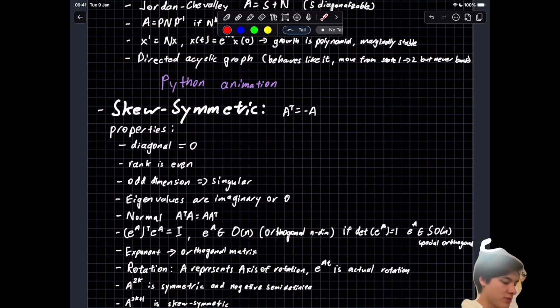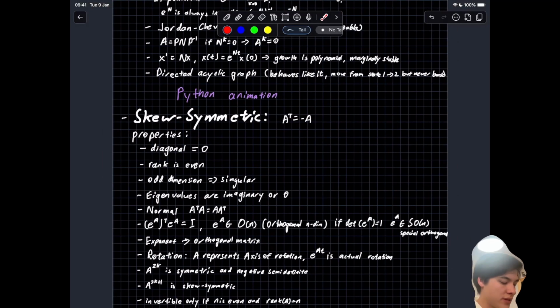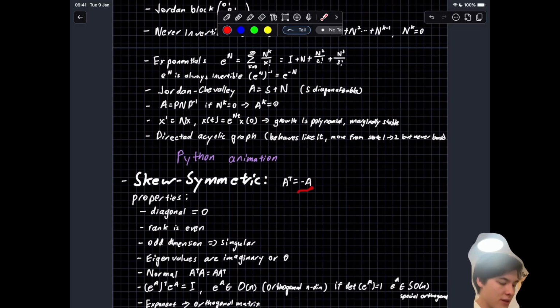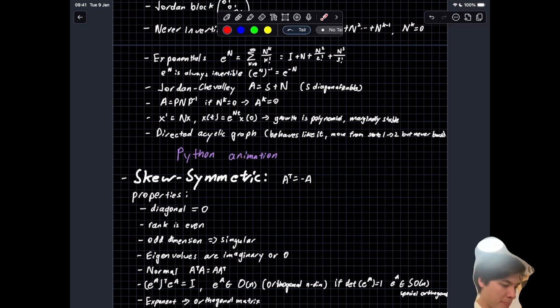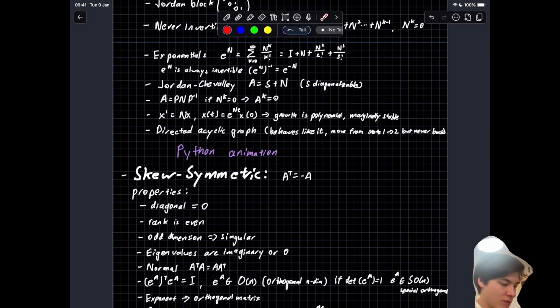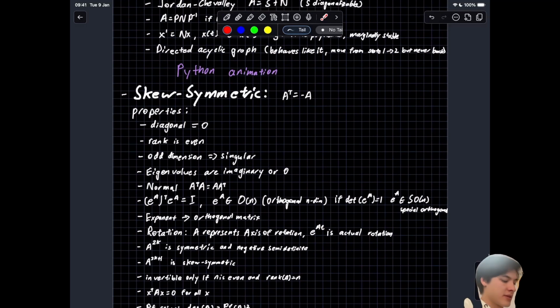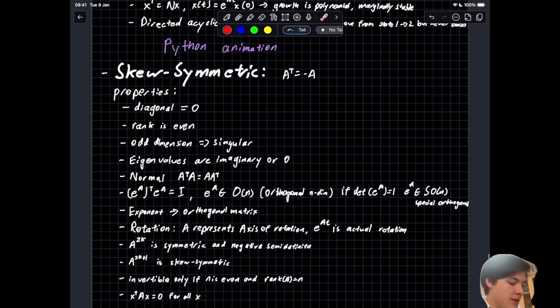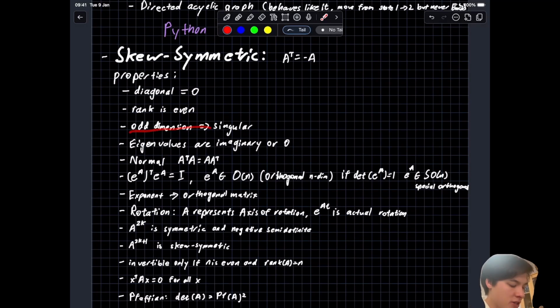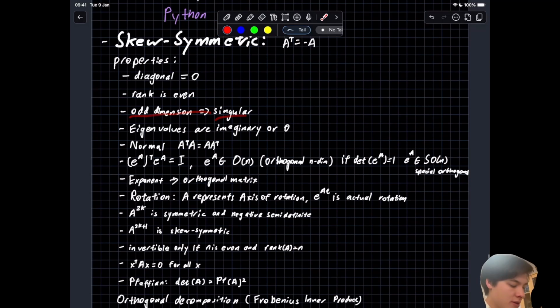There are skew-symmetric matrices, when a transpose equals negative a. The properties are that the diagonal is 0, the rank is even, and if it has an odd dimension, then it's singular.